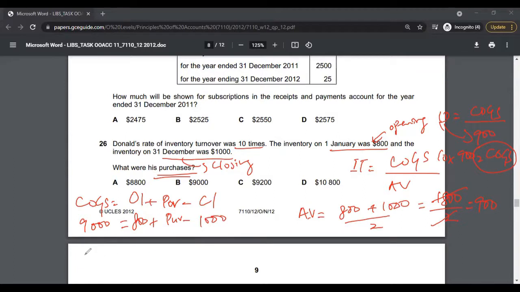So this is going to be 9,000 plus 1,000 minus 800 equals purchases. So that's 10,000 minus 800 equals 9,200. Again, I've done the maths here, but you should do it by yourself as well. So the answer to multiple choice 26 is option C, 9,200. That's your purchases.